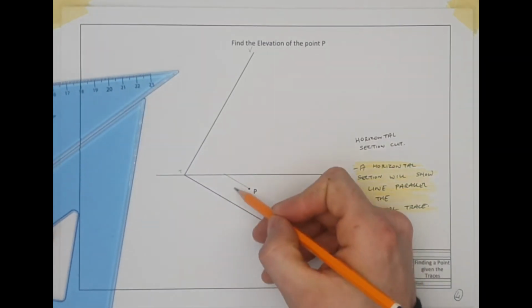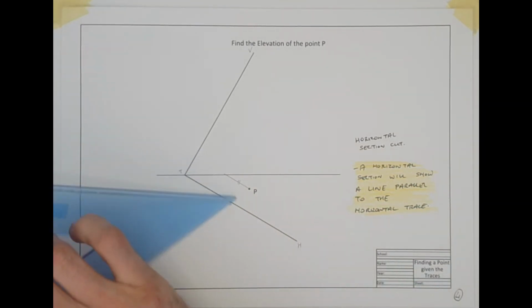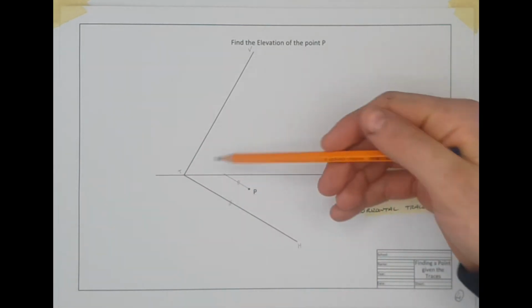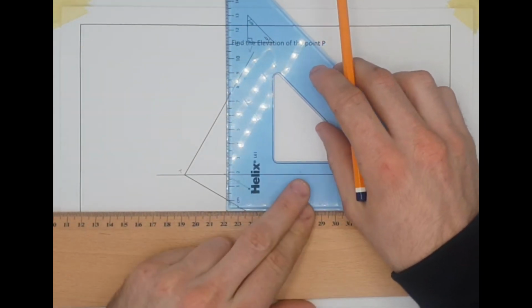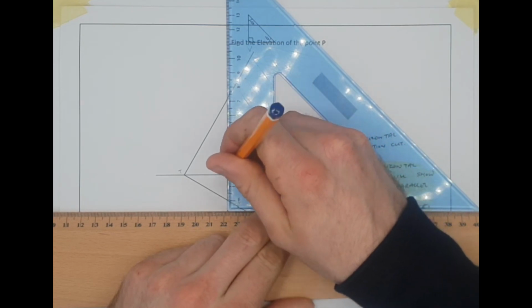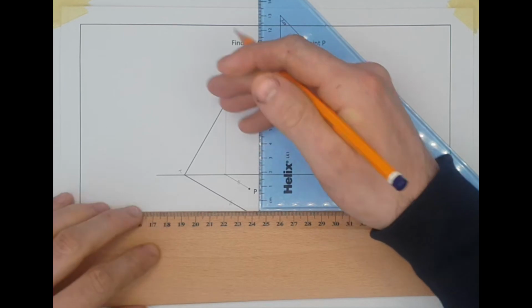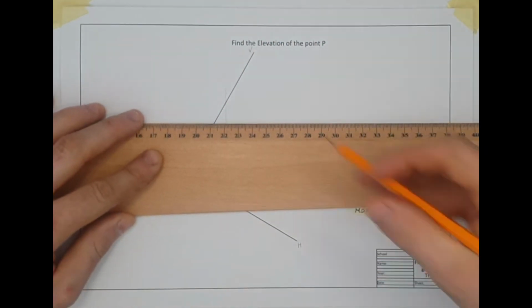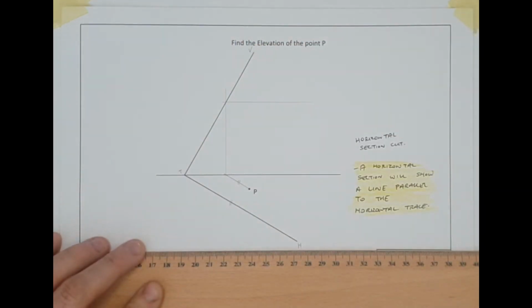That line right there, parallel to the trace, as we saw, where it hits the XY line, which is the vertical plane as we look at plan, we need to bring it up to hit the trace. And from the point where it hits the trace, I'm going to show my horizontal cut.